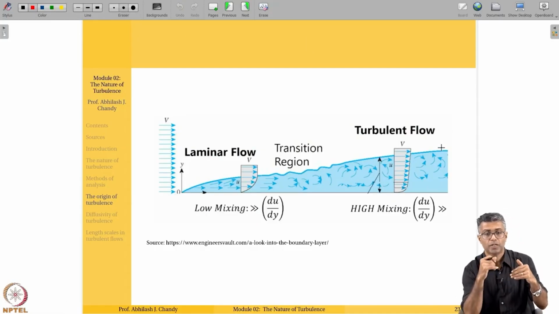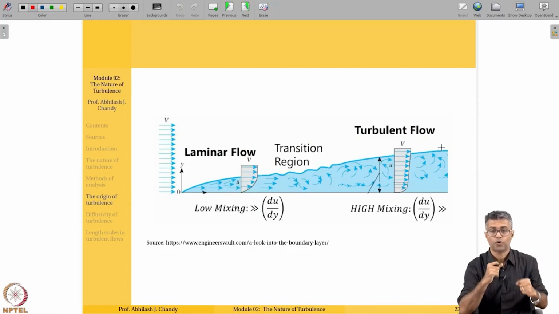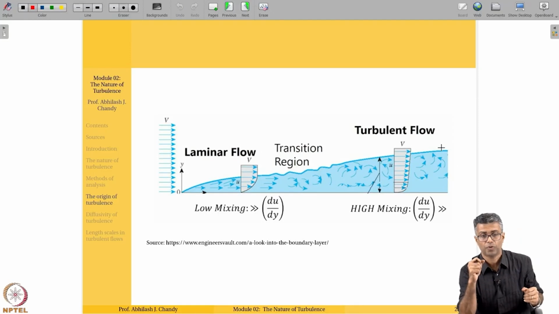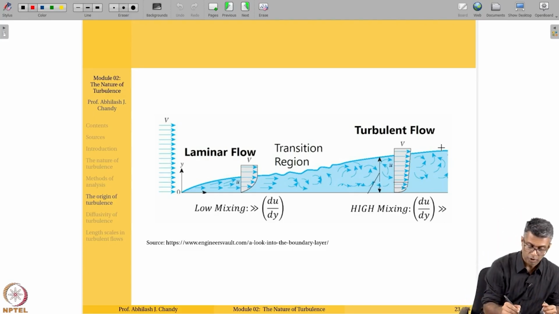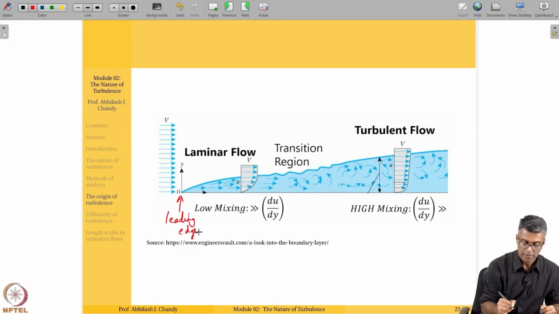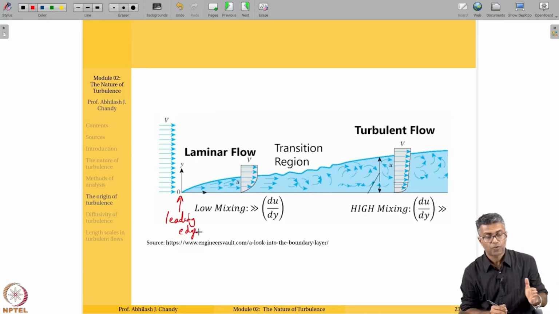So this figure illustrates, say, flow over a flat plate. You have boundary layer over a flat plate. And initially at the leading edge where the flow is coming onto the plate, as the flow is coming onto the plate, you have flow that is laminar.